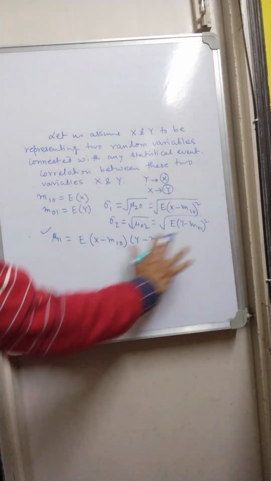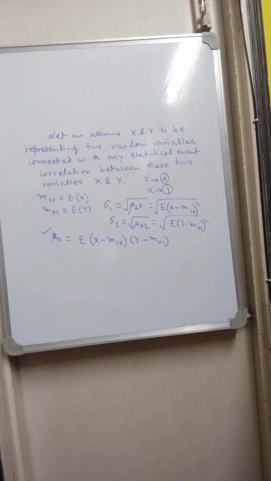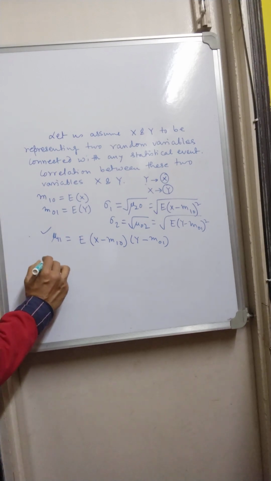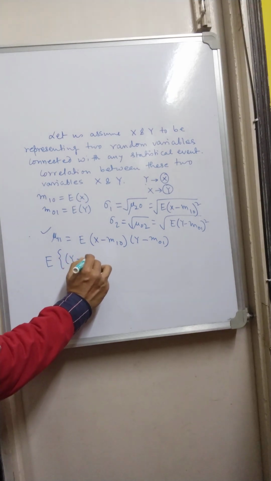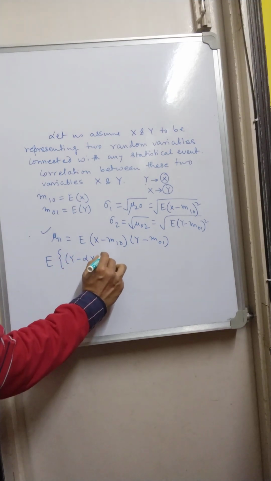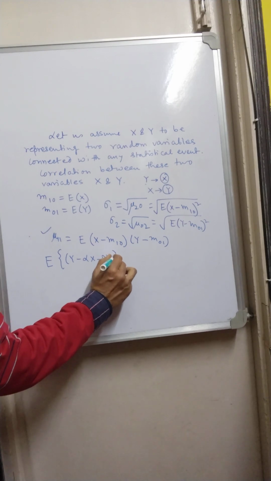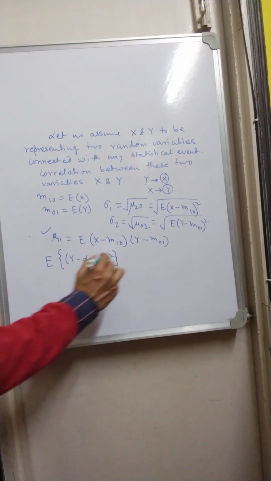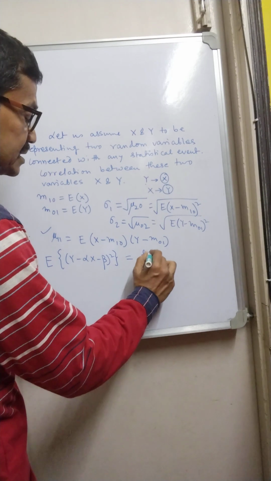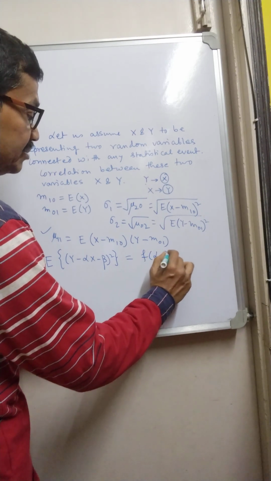With this terminology we can find that the expectation of y minus alpha x minus beta whole square may be represented as some function of alpha and beta only.